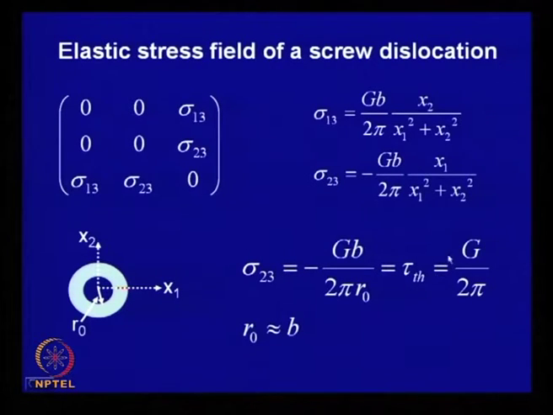The ideal crystal strength we have determined, this is G over twice pi. If you substitute here, then b over r naught is nearly equal to 1. So, that means the dimension of the core is of the same order as the slip vector or the Burgers vector.